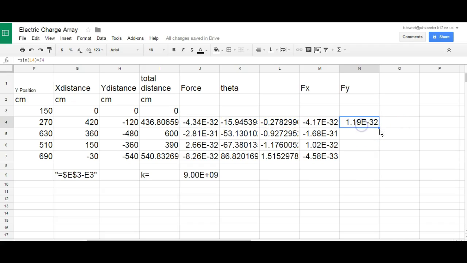And that gives us our force in the y direction. And you notice that those look approximately the same. If we were to take the square of this and the square of this, we could probably find this right here. And that gives us those values.